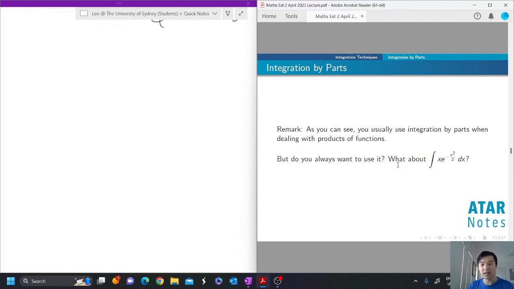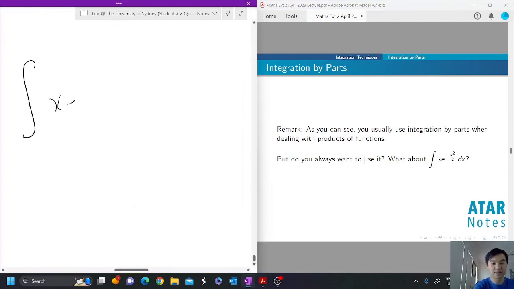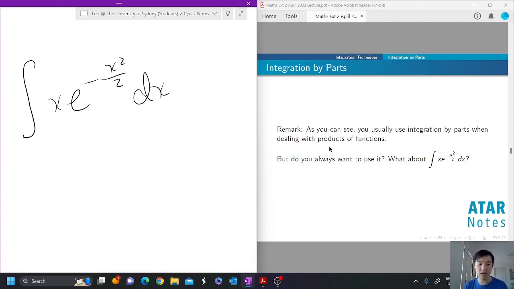So, for example, if you had an integral like this, x e to the power of negative x squared over 2, would you want to use integration by parts? I mean, yes, this is the product of two functions, but notice how here, there's a function, the derivative of that function is actually going to be negative x.